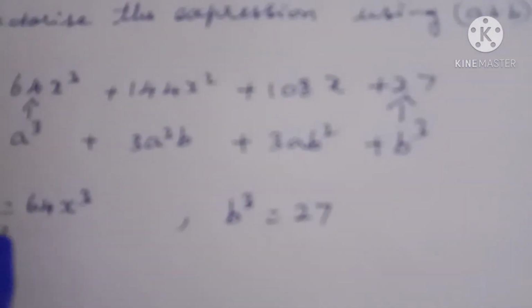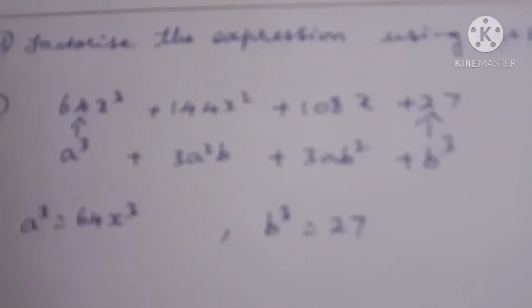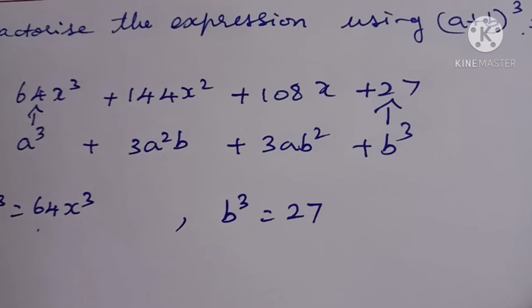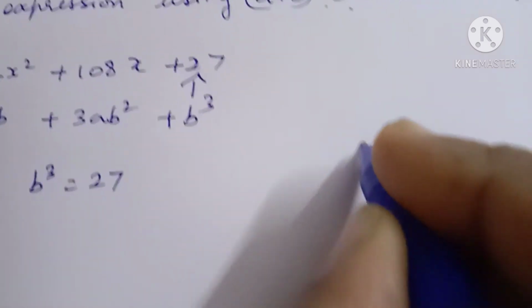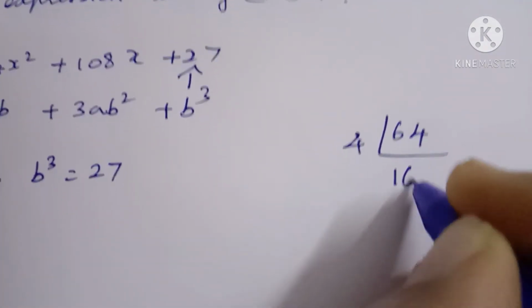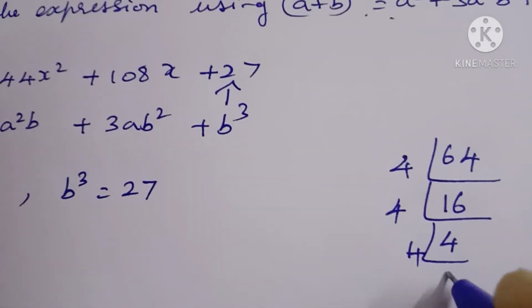If you see the term 64 is not in the cube. Therefore, 64 can be written in the form of perfect cube number by taking the prime factors. 4 4s are 16, 4 4s are 16, 4 1s are 4.